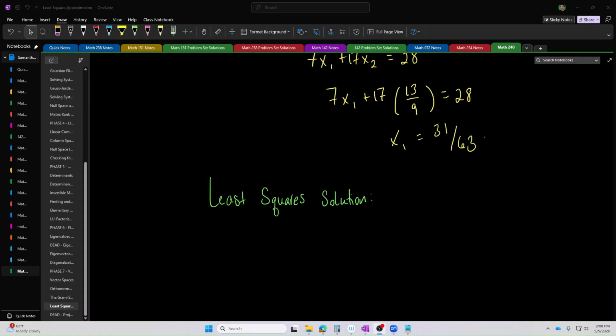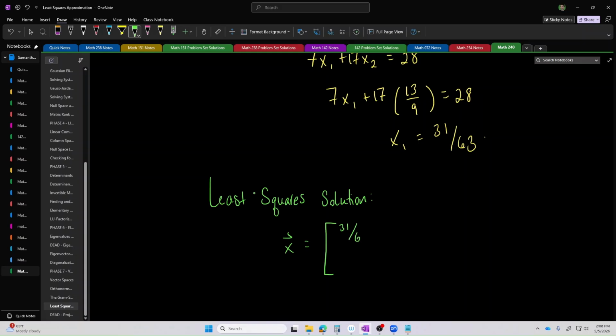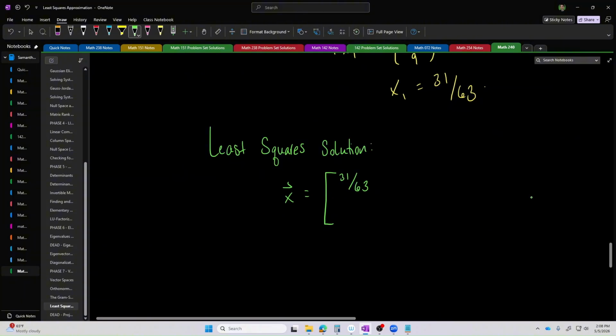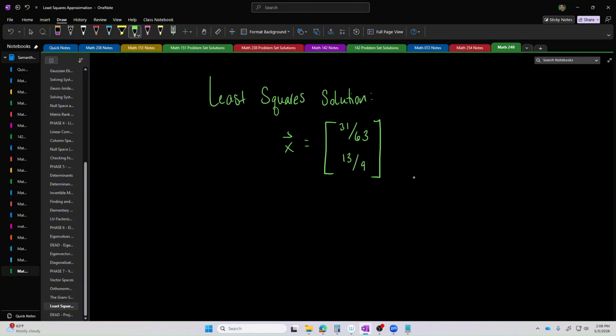So based on that, our least squares solution to this equation would be the vector x equals x1, which was 31 over 63, and x2, which was 13 over 9. This is the least squares solution, and if we apply the matrix A to this least squares solution, that will produce the output that is as close as possible to the output B, which we originally wanted to achieve.